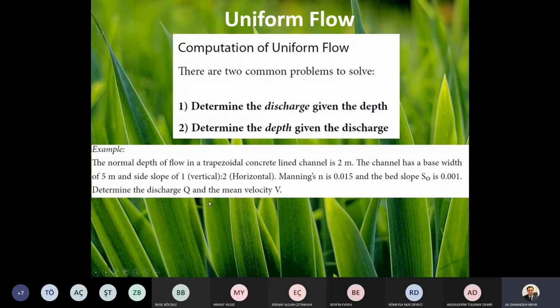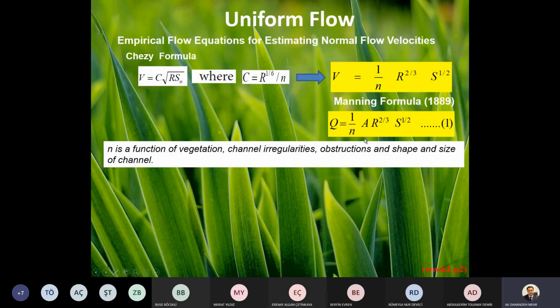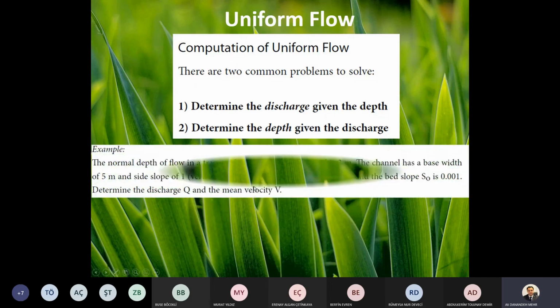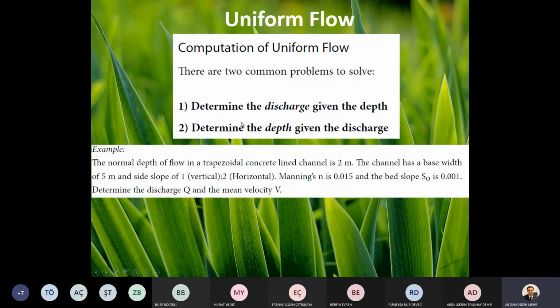The question says, okay, determine discharge. You can use, for example, this formula, then come back here, or at first you can use this formula, which is mean velocity, and then calculate discharge. Anyway, which kind of the problems that we saw here is this question?